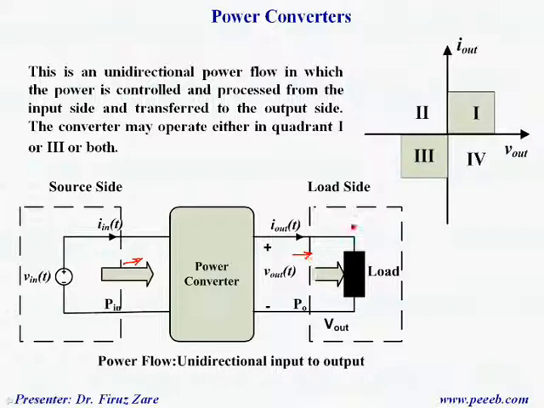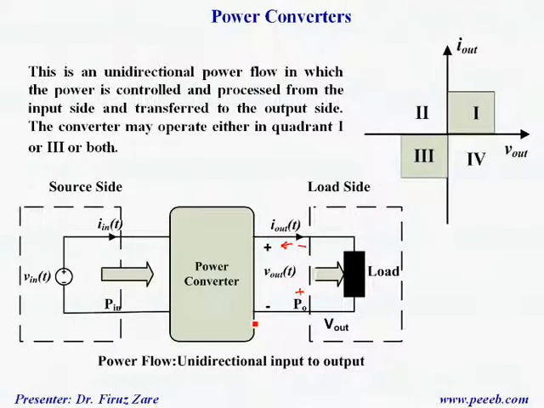Because the system operates in 2 modes, this quadrant and this quadrant, the output voltage should be positive while the output current is positive. Or if the output voltage is negative, the output current should be negative. That means in this case the output current is in this direction and the voltage is also negative.